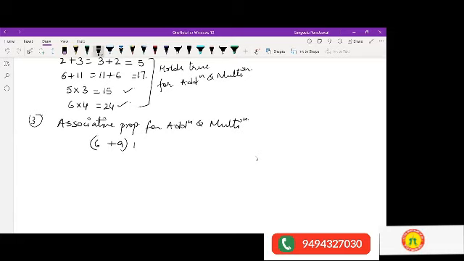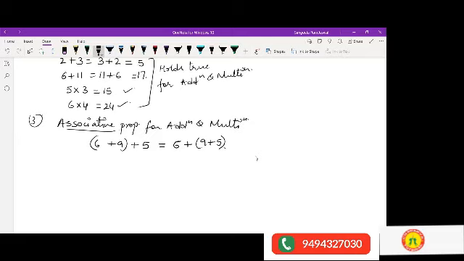Here the main word is grouped in any order. Even if I change the order of grouping, I get the same answer. This is what it says. Associative property is like this: if you have three numbers, you group them in any order and add them, the answer comes the same.